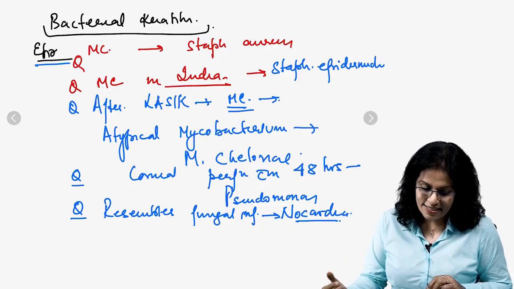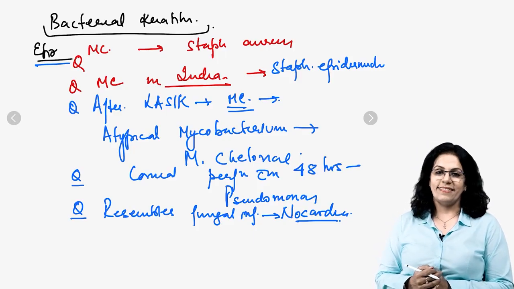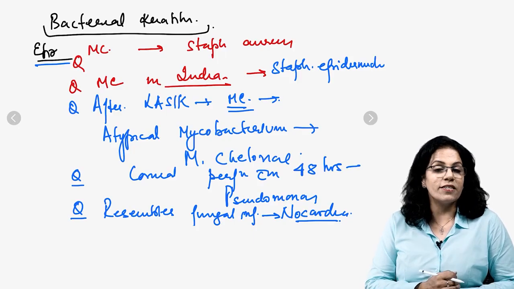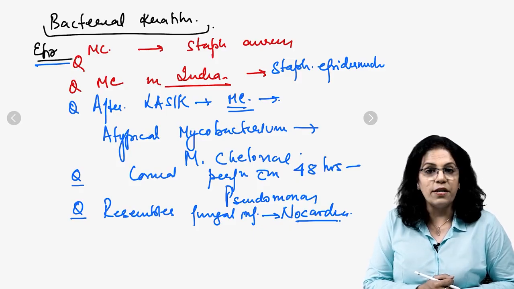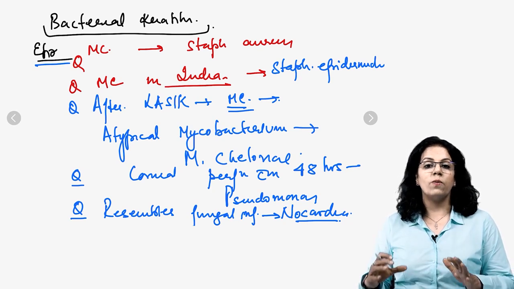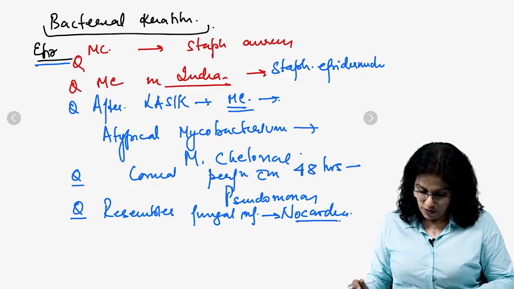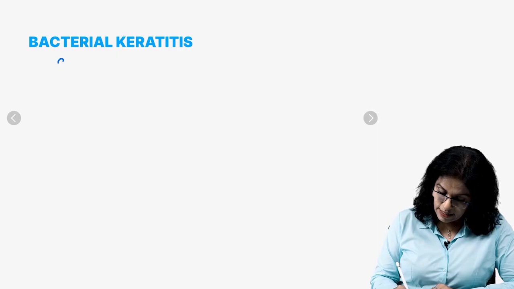Then another thing is, what can be some other causes? We have to also mention here about streptococcus. Okay. So, streptococcus pneumoniae, or what is also called pneumococcal infections, we see they are invariably always associated with hypopyon.